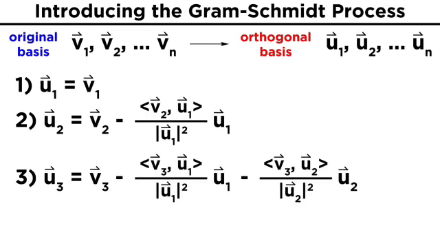Then the third step will be to take the vector v3 and subtract a similar term. The only difference is that now we take the inner product between v3 and u1 in the numerator, and then we also subtract another term, which is the inner product between v3 and u2, divided by the length of u2 squared times u2. At this point, you may notice a pattern emerging.